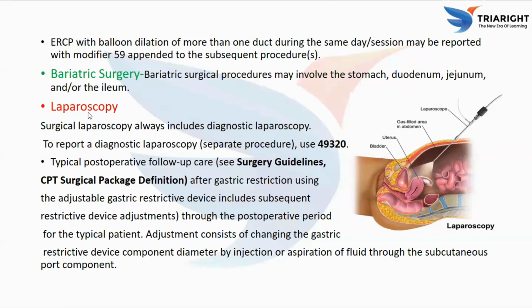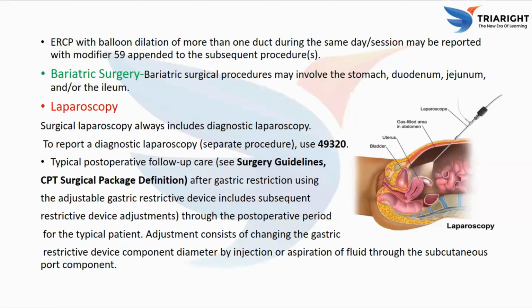And coming to laparoscopy, we have surgical and also diagnostic. Here is a key rule for you: surgical laparoscopy always includes diagnostic laparoscopy. So what is the code for diagnostic laparoscopy? CPT code 49320. This is reported only when it is done alone, for example abdominal exploration only, with no definitive surgical intervention.